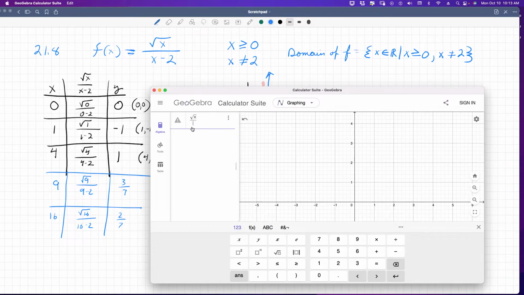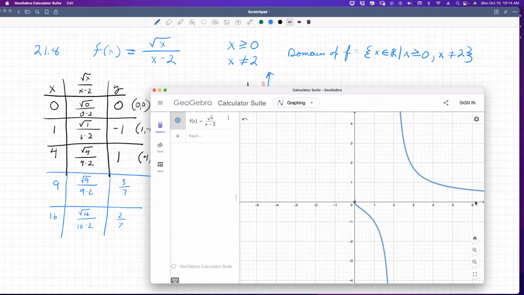I can put that on top now. Now I can click down here and say x minus 2. All right. So f of x equals square root of x over x minus 2. So I got my fraction format first, and then I put that in, which is what I probably should have realized.